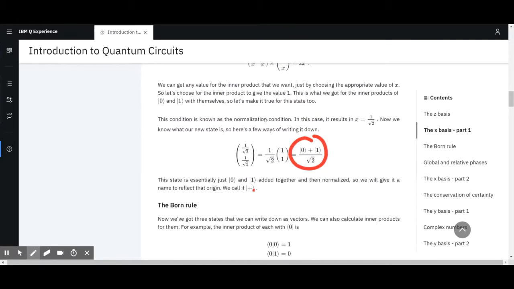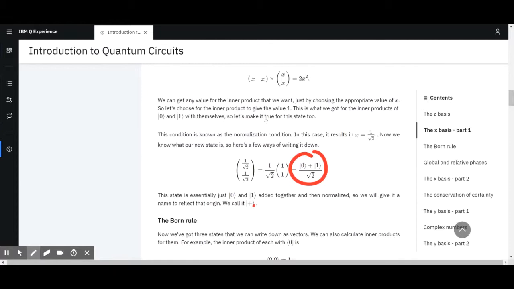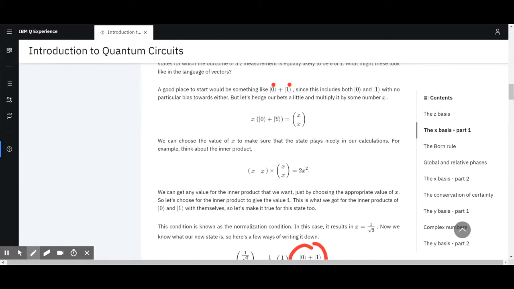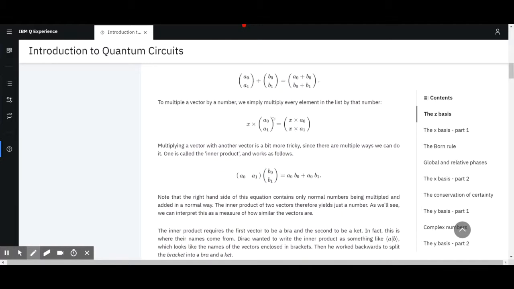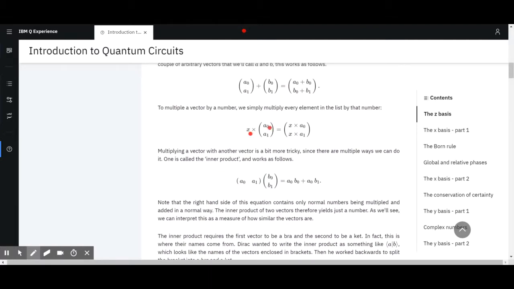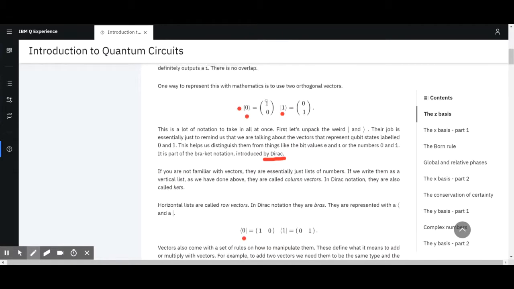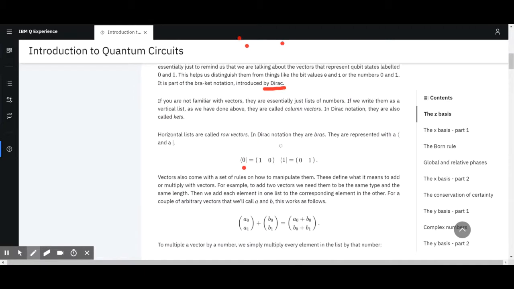So in plain English, I would say that when you express the states as vectors this way, like here you have an x and then this and this, the 0 and 1s here, if you have a state and you square the modulus, if that's called this way, of whatever factor you have in front, that should always be 1.